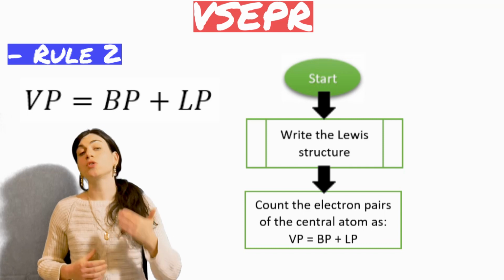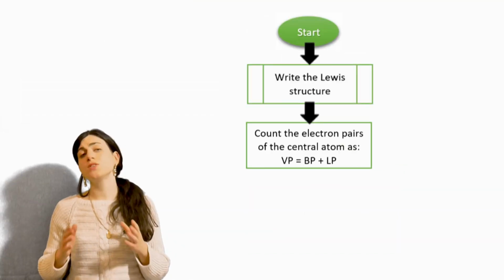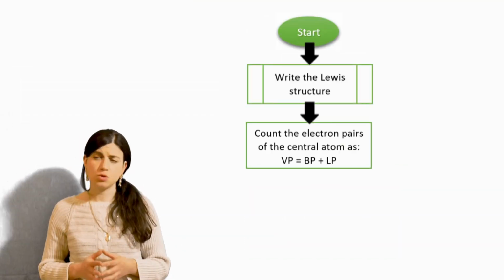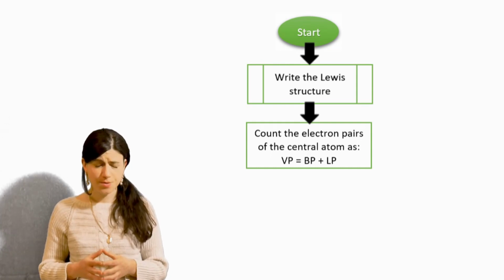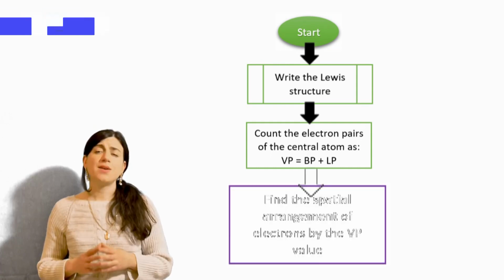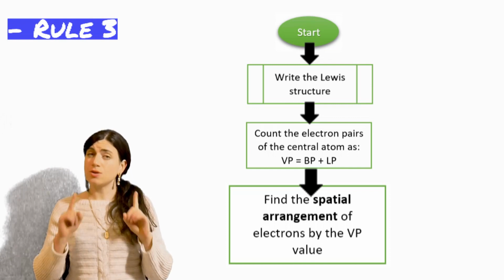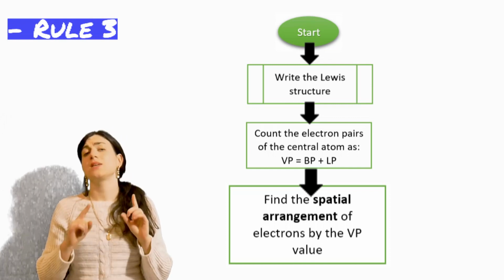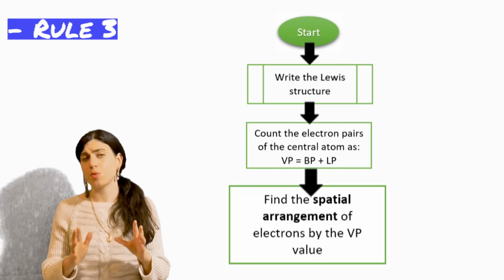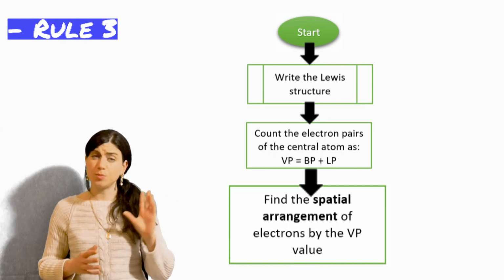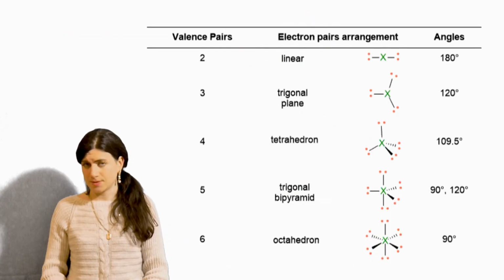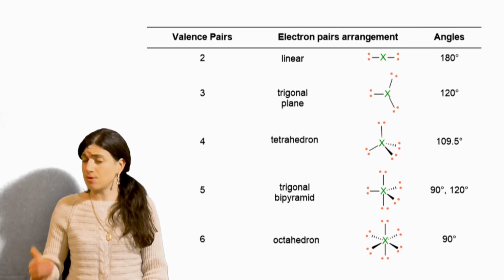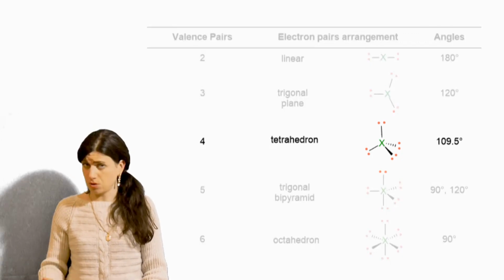Once you know the VP number, the valence pairs number, you can already define the electron arrangement following the table I have given to you at the beginning of this video. So for instance, if VP is 4, the electron arrangement is tetrahedral.